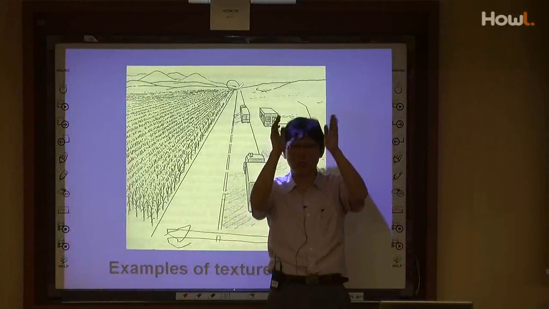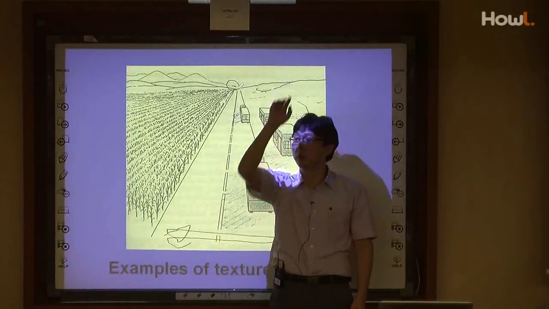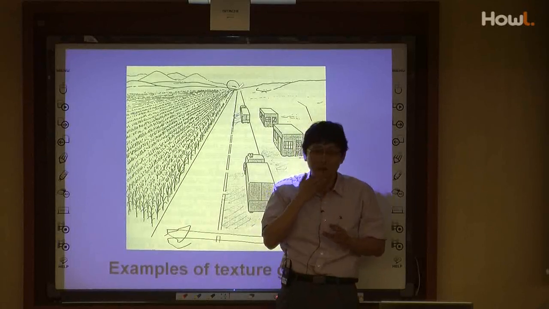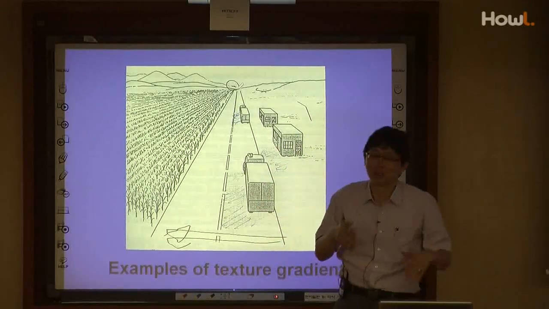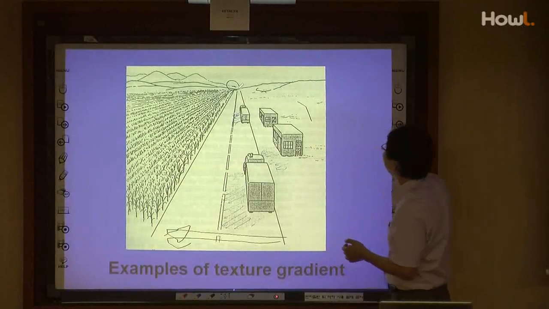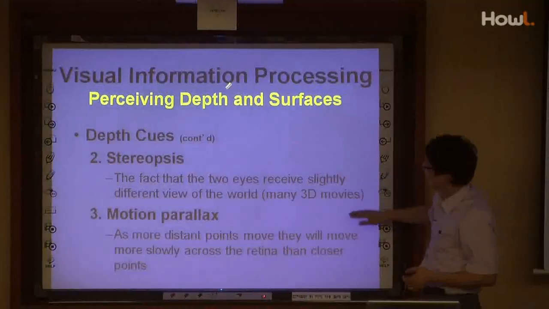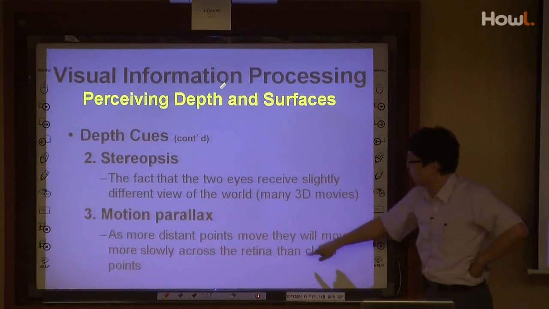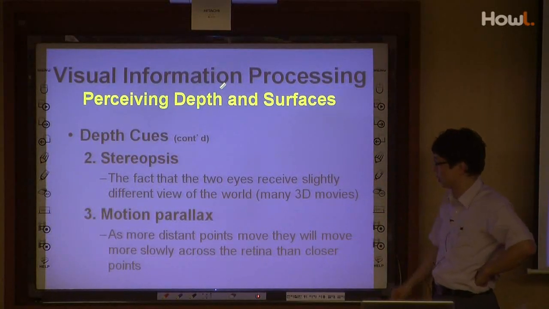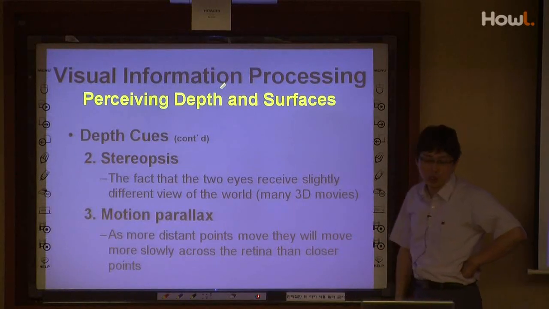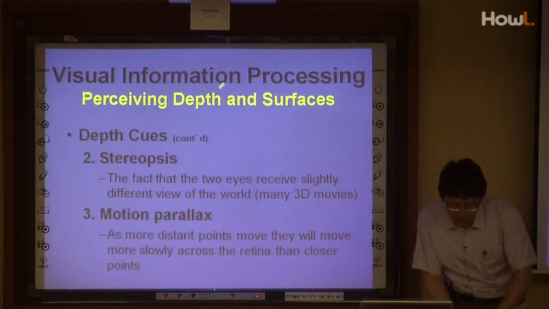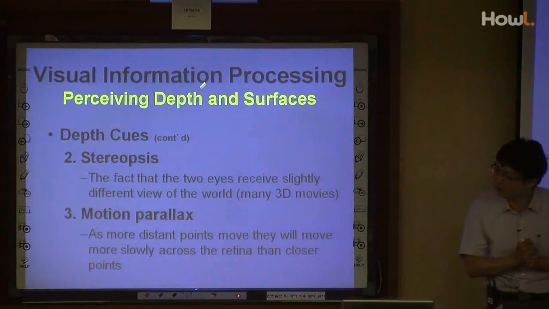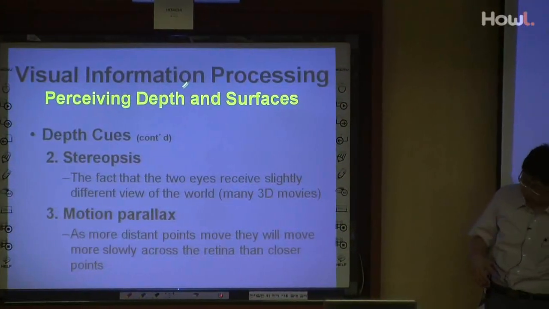Exactly the same thing: when you look further, something is very slow, like an aeroplane on the top. It looks very slow, isn't it? But actually it is very close and very fast, right? Sometimes. So that is motion parallax. The more distant a point is, the more slowly it moves across the retina than a closer point. So these three visual perceptions are the things we have to look into as depth cues.